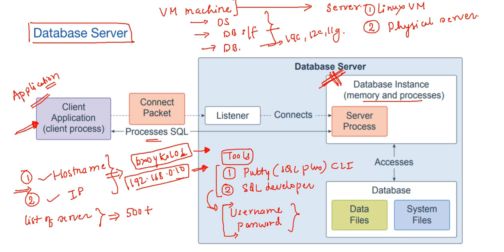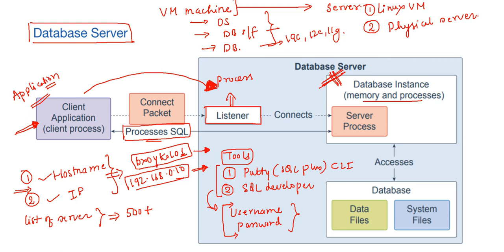Suppose some application team has triggered a SQL query, whether it is DQL, DDL or DML. While firing that query, the process in between is the listener. What the listener is, in brief, we will discuss in a later section, but for now you can understand it is a process. What the listener does is understand what the client is requesting, because the application server, application team or client team is triggering a SQL query.